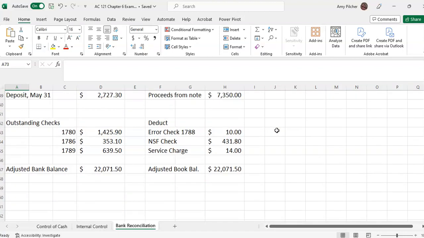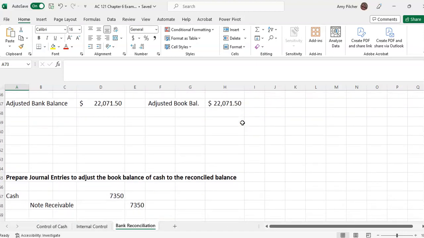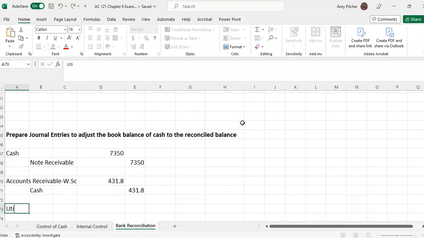Next, we have this error, and it tells us in our information that it was made on a utilities expense. So we need to add $10 to utilities expense and remove $10 from cash.